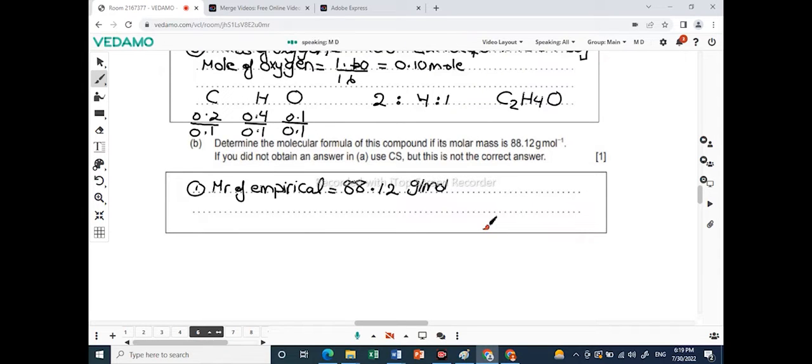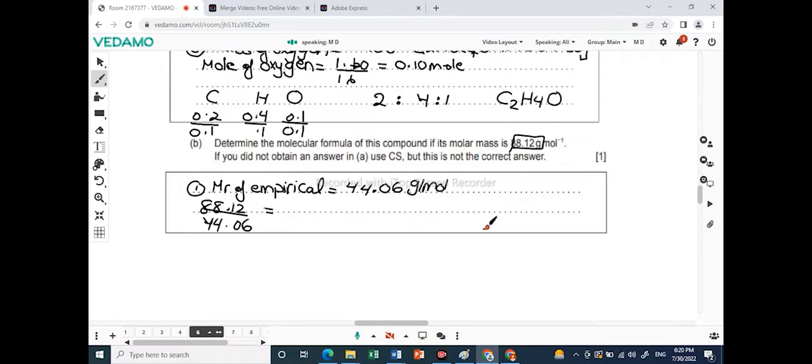Now you will divide the molar mass given for the actual compound, which is given inside the question, 88.12, over 44.06.